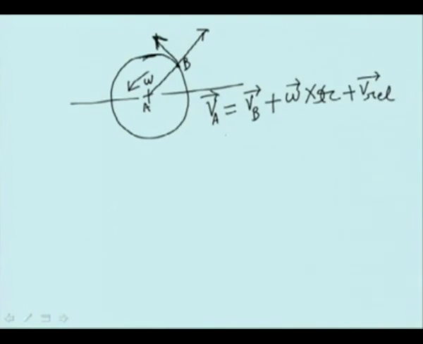If A is a fixed point, then VA is equal to 0.